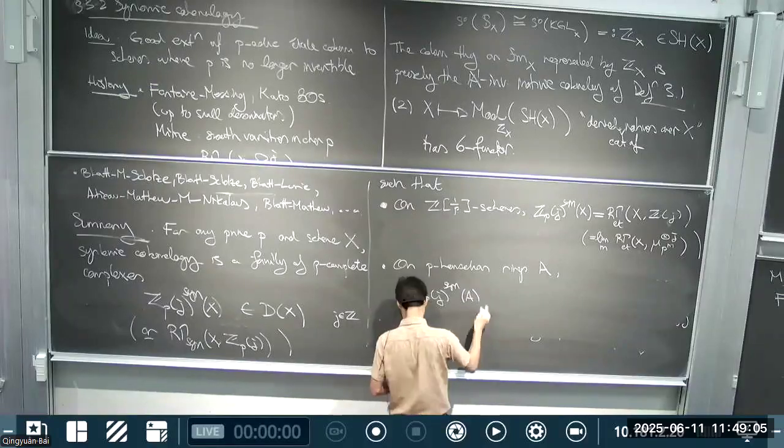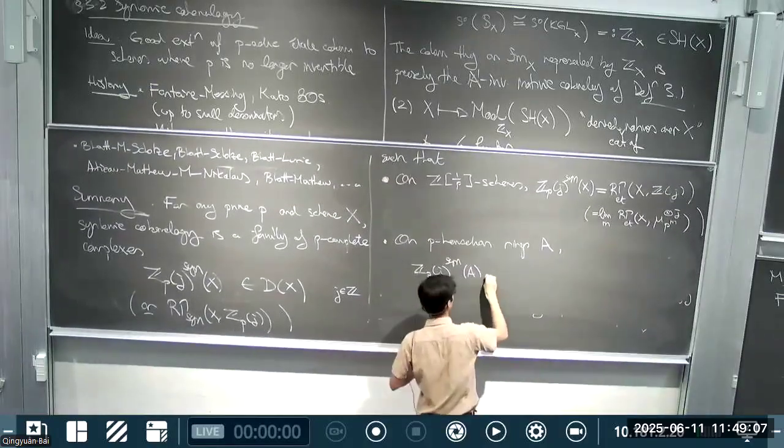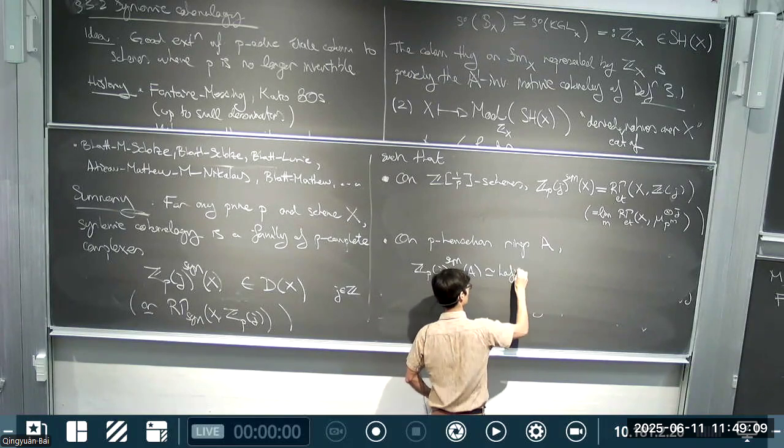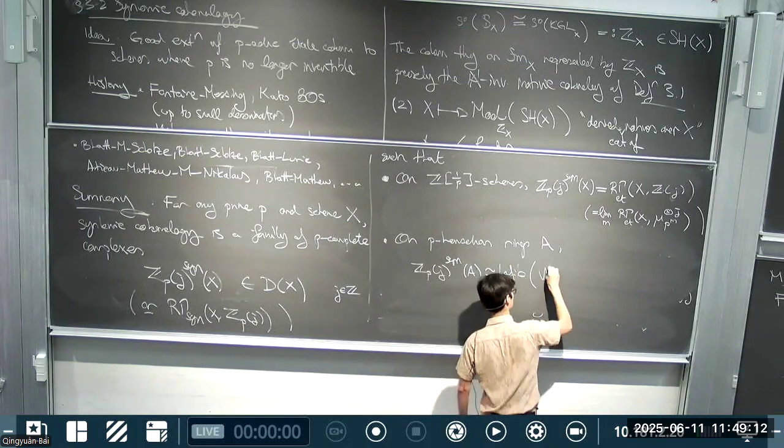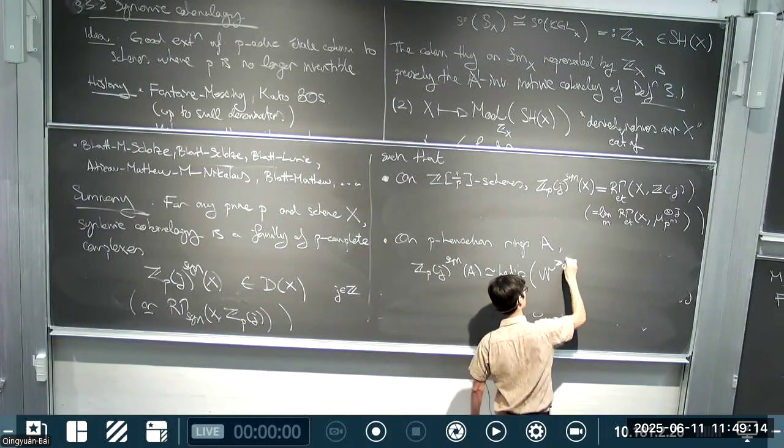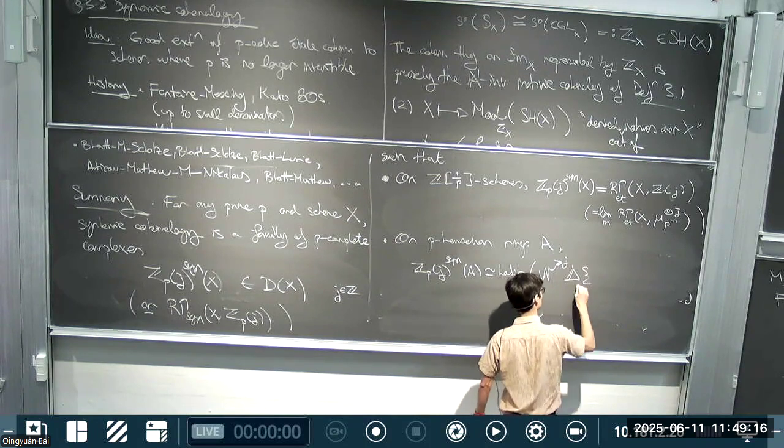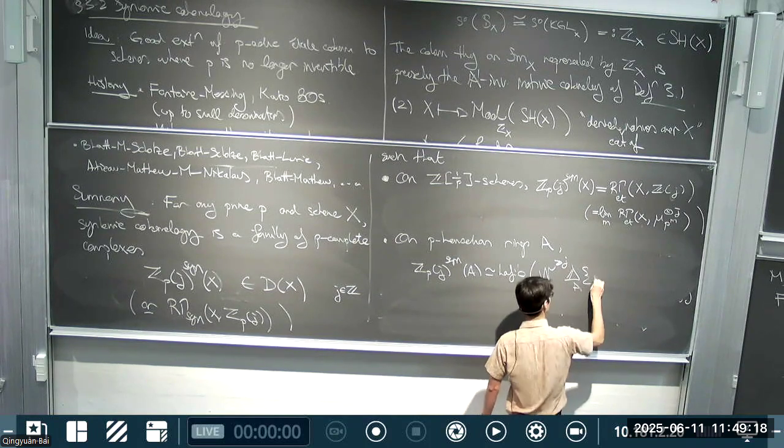Then the syntomic cohomology is instead expressed through the prismatic cohomology.